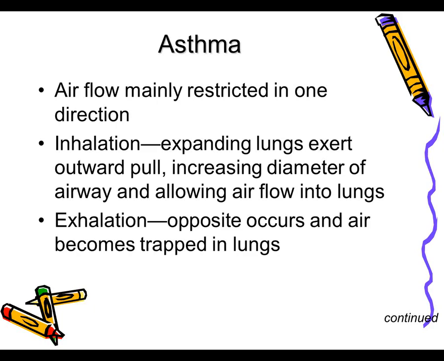And that is, the air trapped in the lungs increases the pressure inside the chest, and it can increase it so great that it collapses the superior and inferior vena cava, the major veins, those low pressure vessels that bring blood to the heart. So it can actually lead to shock and low blood pressure.